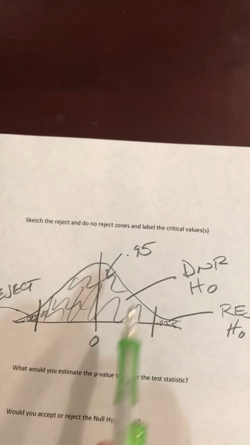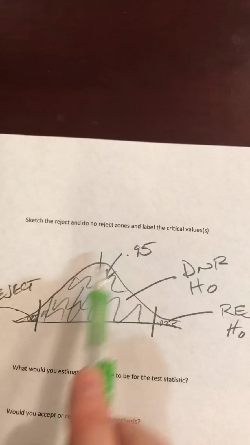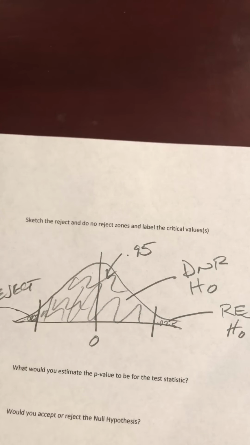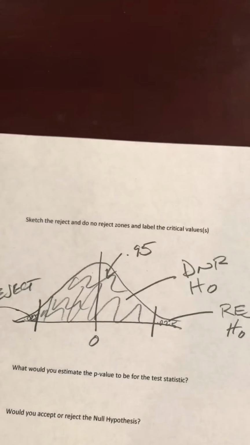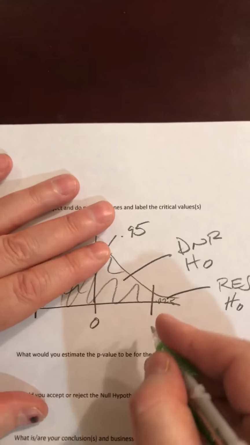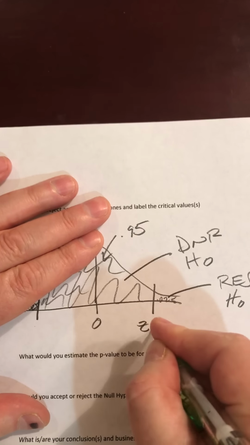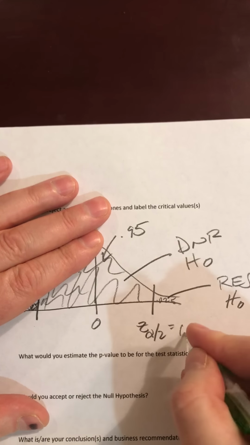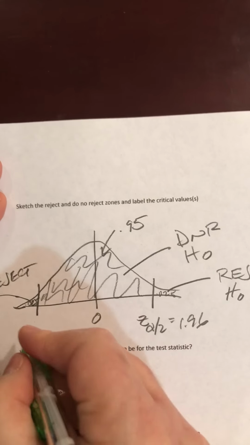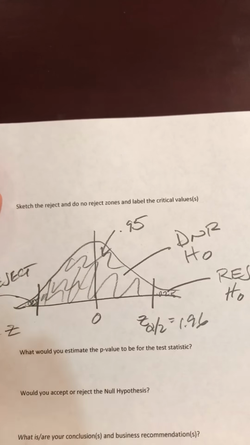You've got two rejection zones and a do not reject zone. And now what you do is you take your z sub alpha over 2 that you determined back here from your z chart. And so you know z sub alpha over 2 is equal to 1.96, and minus z sub alpha over 2.